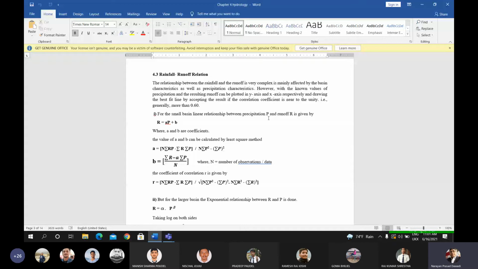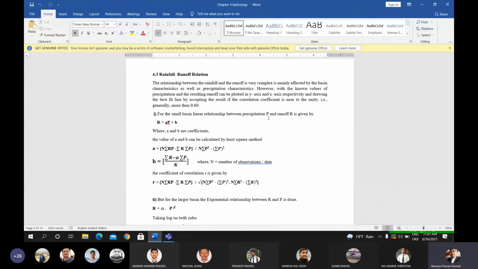This equation can be established, and for solving the parameters A and B, you can use the least square method, as in the previous case of Horton's equation. We derived Horton's equation, and that equation was converted into the equation of a straight line, and the parameters M and C were calculated.